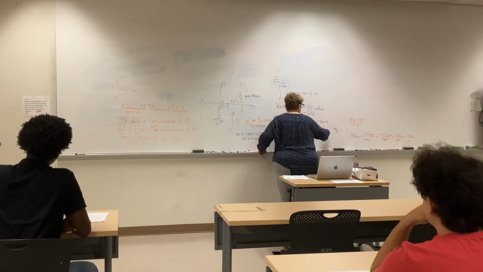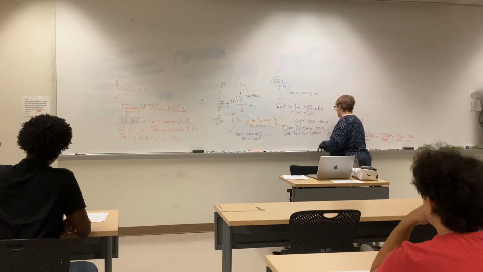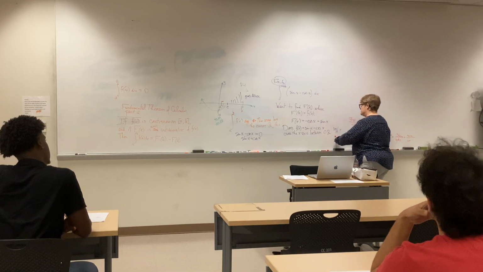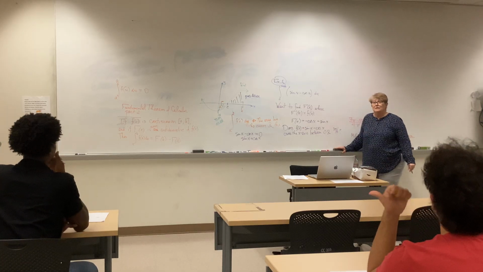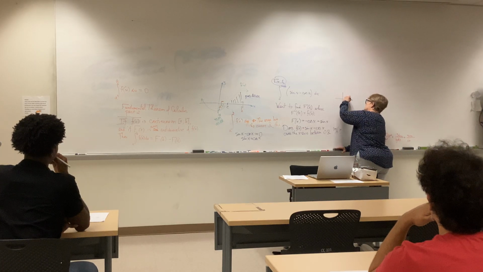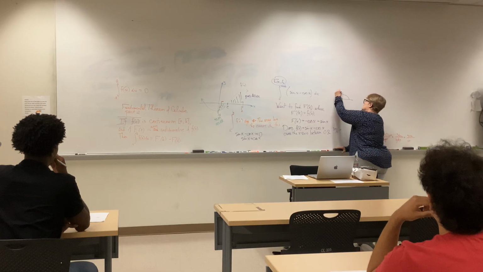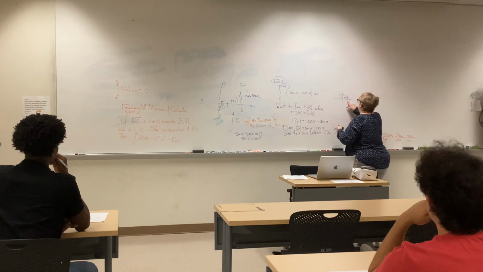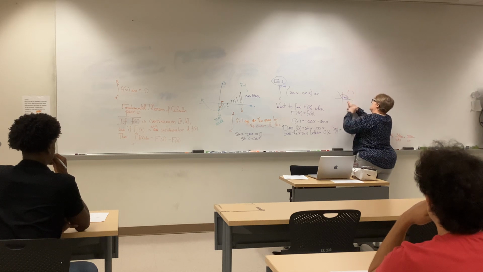Now, let's take a look at where we are. We start in the first quadrant at 0 radians. Where is 3 pi over 4? Second quadrant, good. Both functions have what sign in the first quadrant?